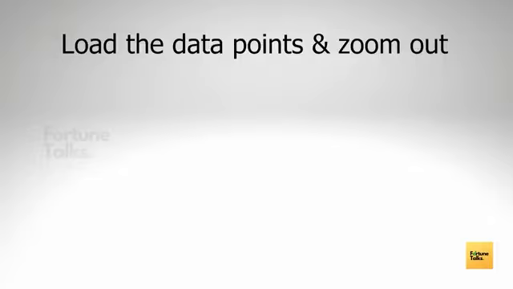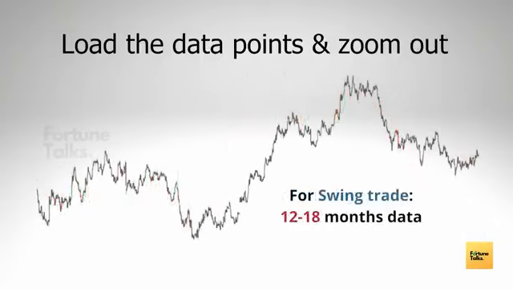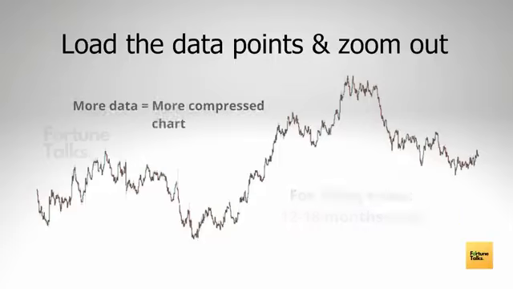So if your objective is to identify the short-term support and resistance for intraday trading, then you must load at least 3 to 6 months of data points. And if you want to identify the long-term support and resistance for swing or positional trades, load at least 12 to 18 months of data points. When you load more data points, the chart looks more compressed.